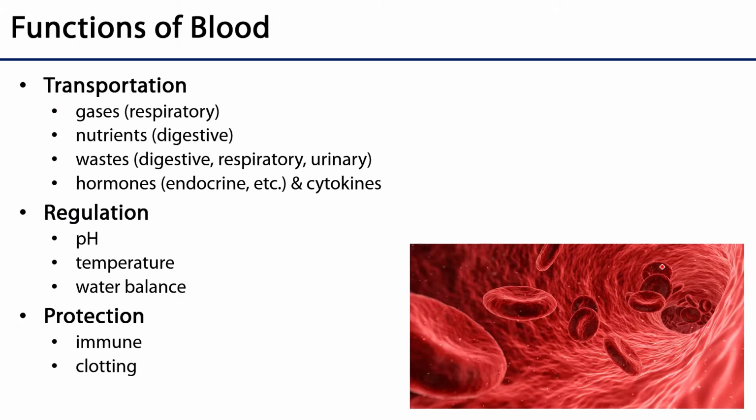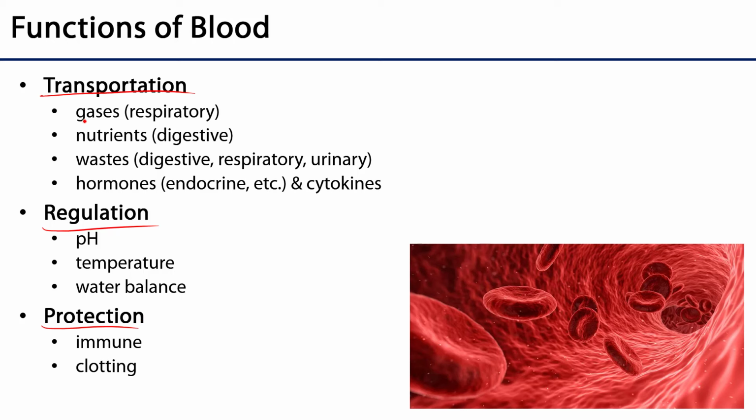Now, the functions of blood can fall into three major buckets: transportation, regulation, and protection. Under transportation, we can think of the individual elements that are moved throughout the blood, and we can specifically link them to individual other systems that the cardiovascular system is connecting to.